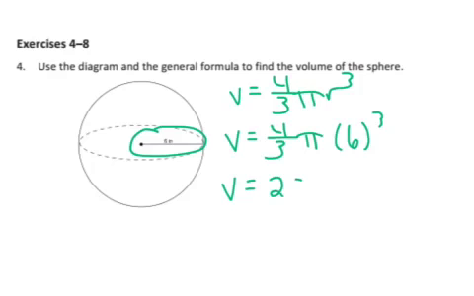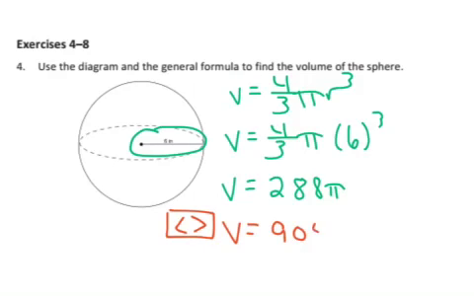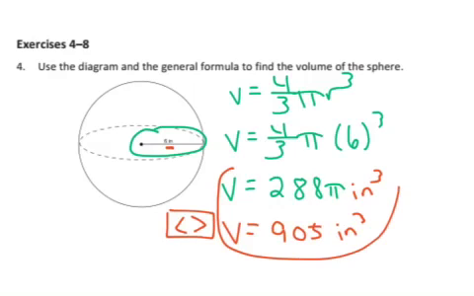You would get either 288 pi, or remember to switch to the other form, press that arrow key, and you would get roughly 905. My label is in inches, but since it's volume, you have to raise it to the third power because it's three-dimensional. Either one of these answers would work, and I want you to put both down at the moment.